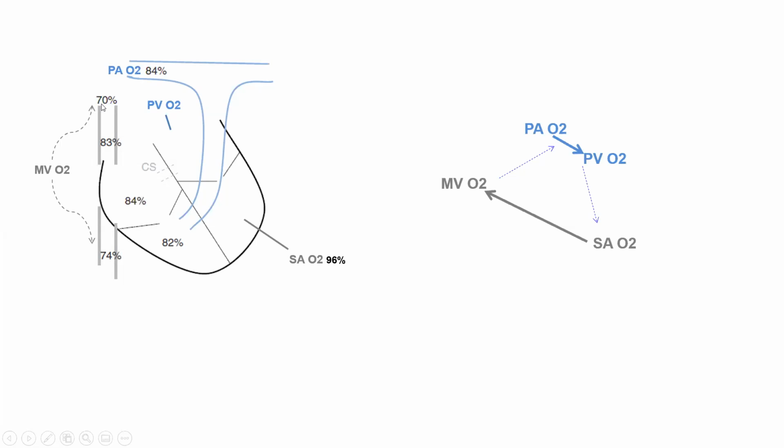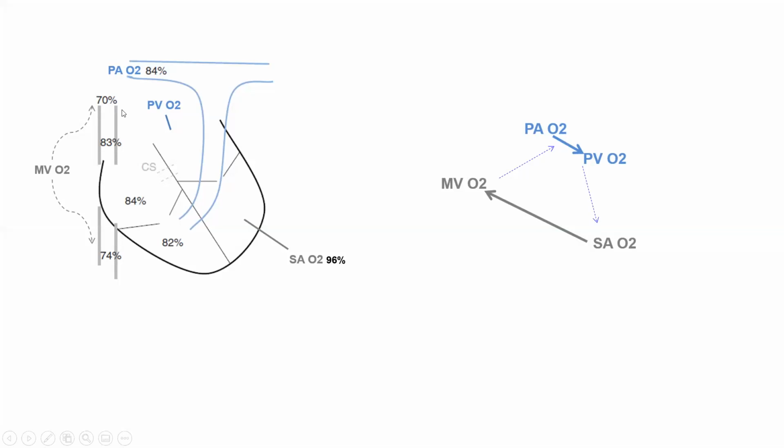There is a step up in oxygen saturation. This is an easy case. I'll go over it quickly. I'll ask you, or I will try to test you in the next cases. So here what you can see, there is a step up in oxygen saturation, at least if you take the two numbers, SVC or IVC to PA, there is a significant step up.